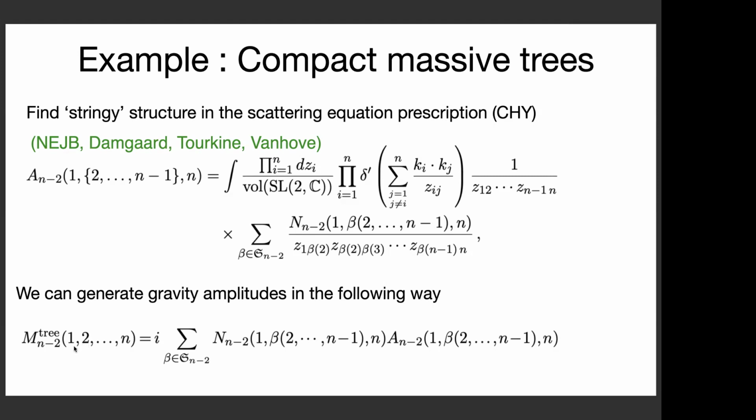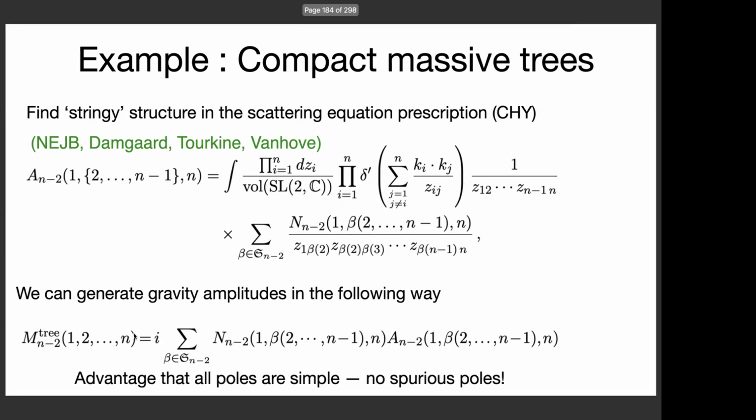But the KLT relations tell us that we can take the gravity amplitude and write it as these numerator factors times the same Yang-Mills amplitudes we would use to generate the colored Yang-Mills. So that means that the numerators, since they don't have poles, times the amplitude, give us a very neat way to generate the gravity amplitudes.